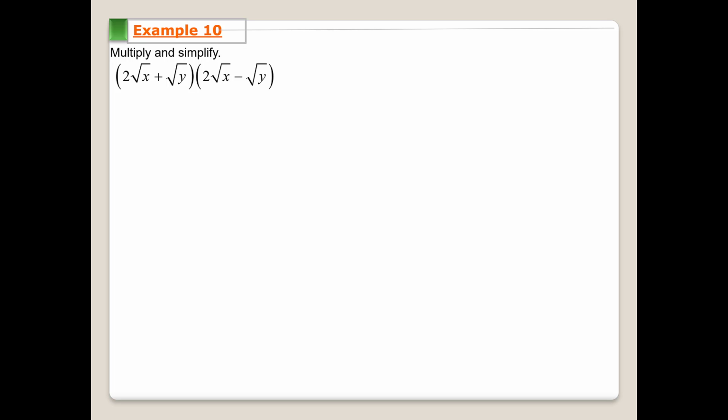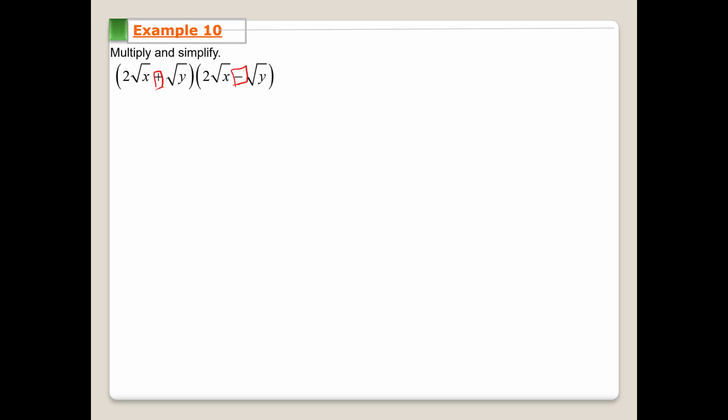Okay, let's do this one right here. Now multiply and simplify. So again, this looks somewhat similar, but you've got to look at this. You've got a plus and a minus. Okay, so don't let that get you. Let me put more than just a little dash there so it doesn't look the same. I've got a minus and a plus.